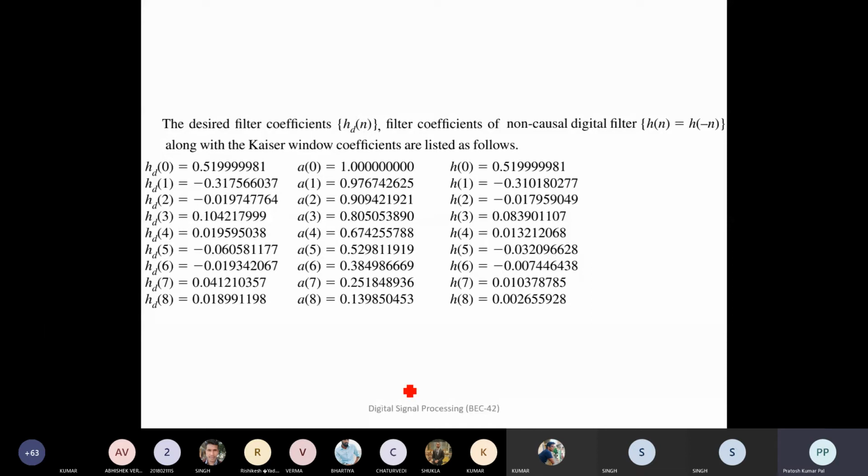By considering that, once we have found the M value, we will see what the Hd of n is, given for a high pass filter.